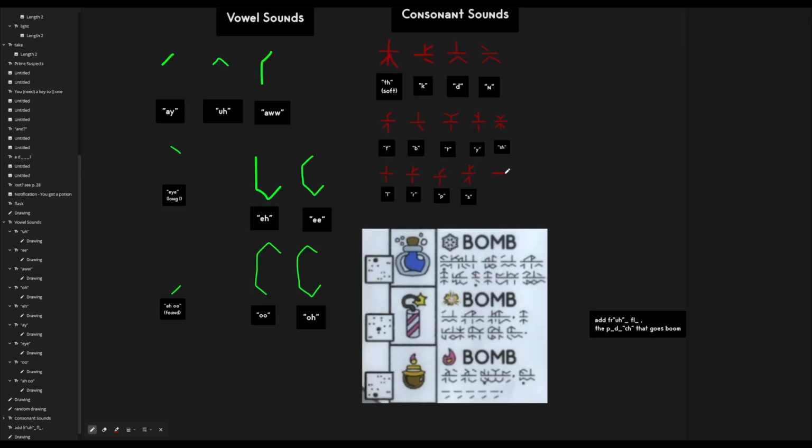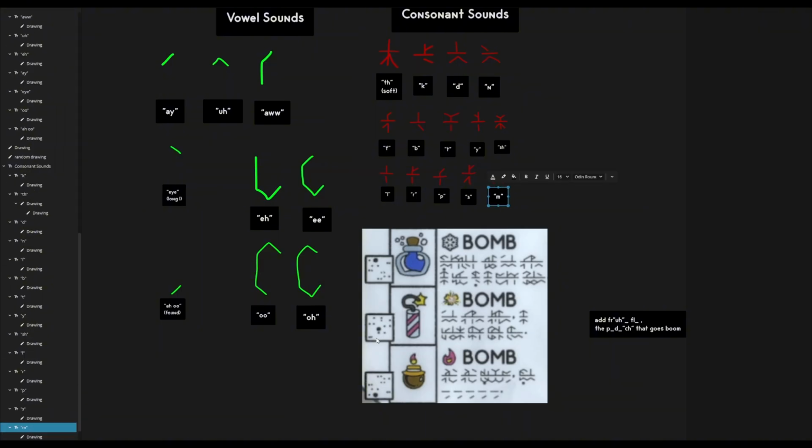We've got an M. I just want to get one thing translated. That's all I want to do right now. That's not a vowel sound at all. That's a consonant sound. And now we know what G is then. G is this that goes boom.